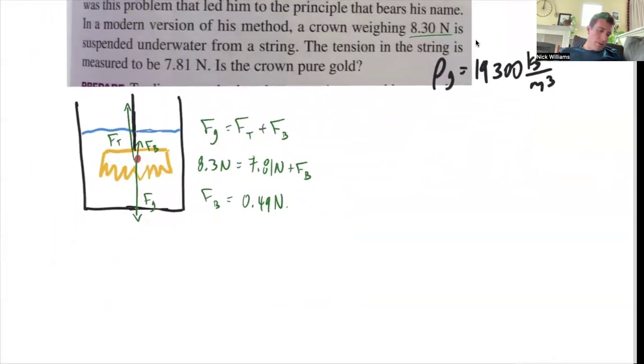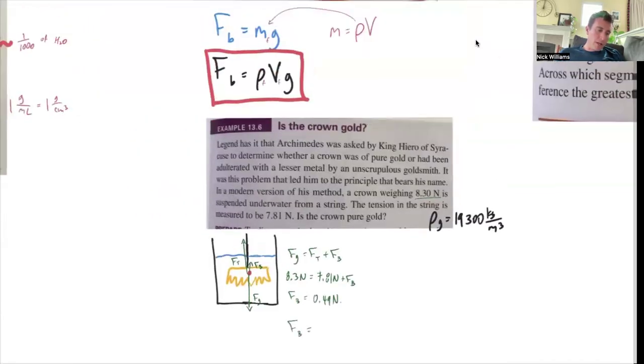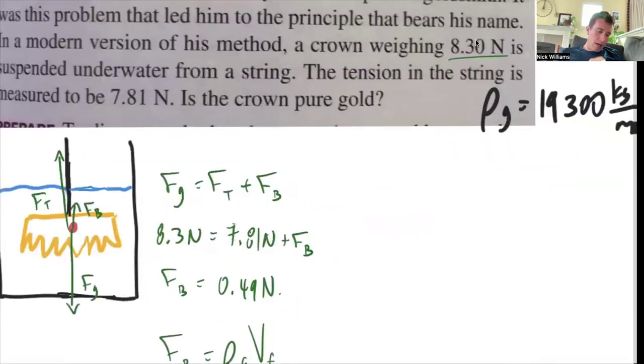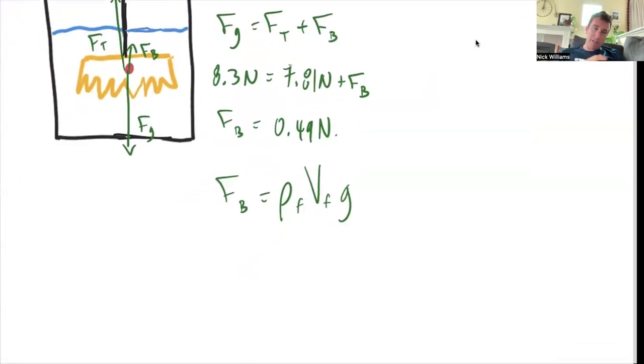And I know that force of buoyancy is equal to, let's reference that equation, the density of the fluid times the volume of the fluid times the acceleration due to gravity. Density of the fluid I have, force of buoyancy I have, so I can plug some of these in, right?